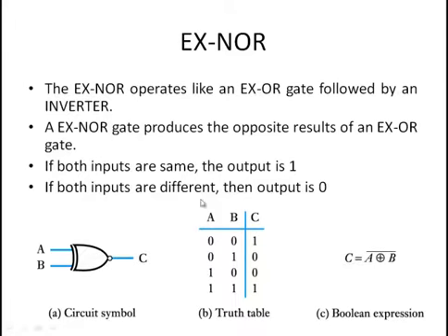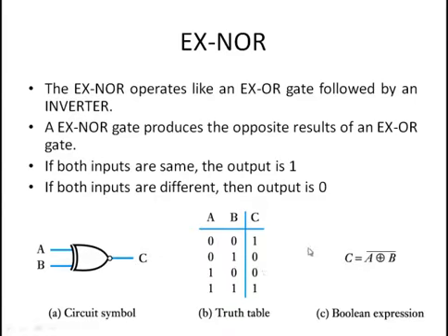That is, we had highs in case of XOR when the two inputs are different, but here in case of XNOR, high output will be obtained when we have inputs which are the same.